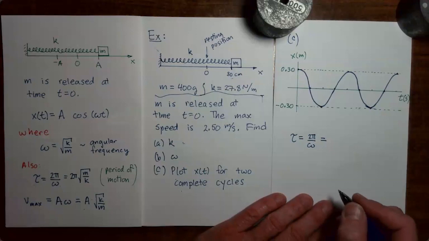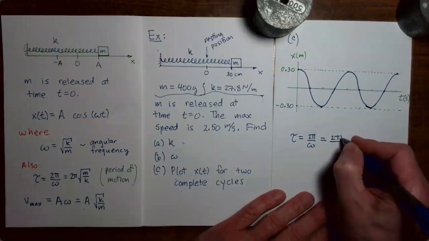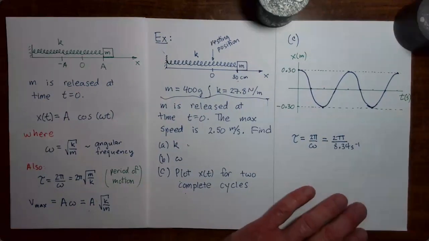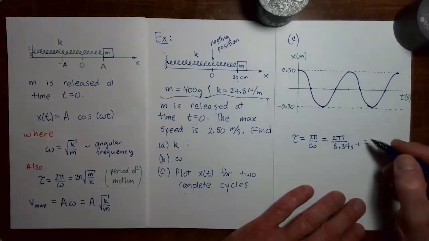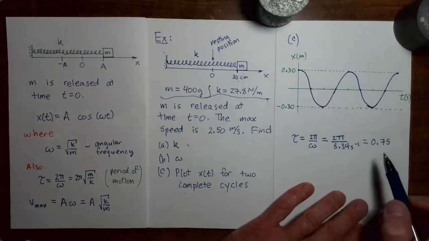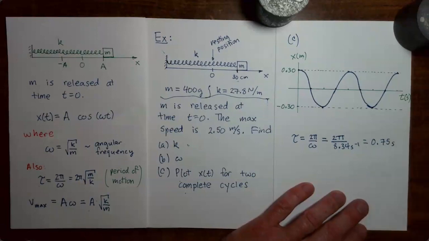Now, we have already found that the angular frequency is 8.34 seconds to the minus 1. So 2 pi divided by 8.34 would be 0.75. Now we have seconds to the -1 in the denominator, which becomes just seconds in the numerator.